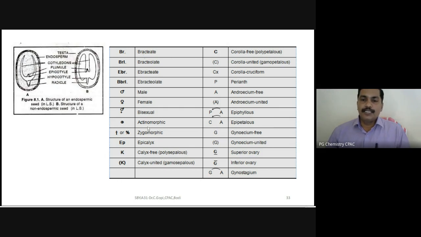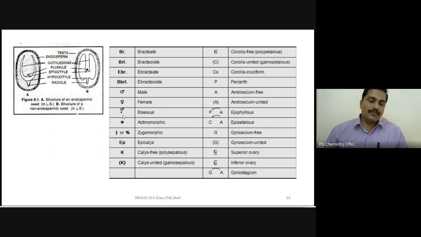Then these are the different character symbols. BR means bracteate, பூவடிச்சதில், bracteolate, பூச்செதில், பூவடிச்சதில், E bracteolate, அது இல்லாமல் இருக்கிறது. This is male part, female part, bisexual.